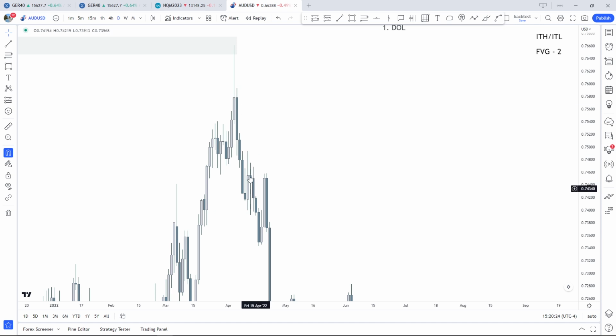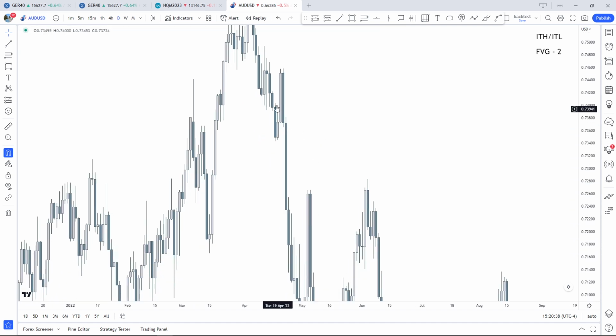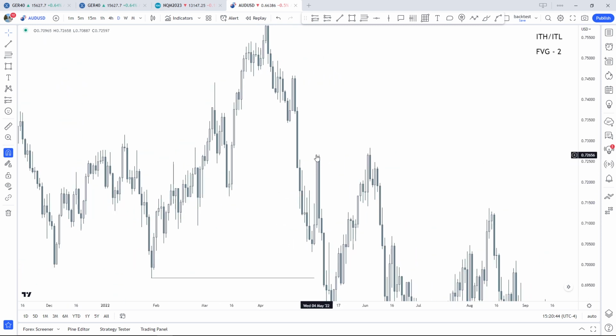Next thing we know, we respect this intermediate term high, coming into the premium as well, and then displacing lower again. Now when we displace lower, we of course leave behind this new fair value gap, which we then retrace back into, making another intermediate term high and then displacing lower again.